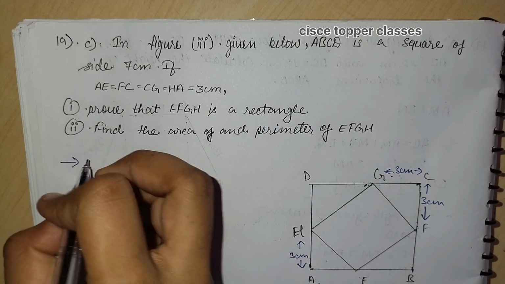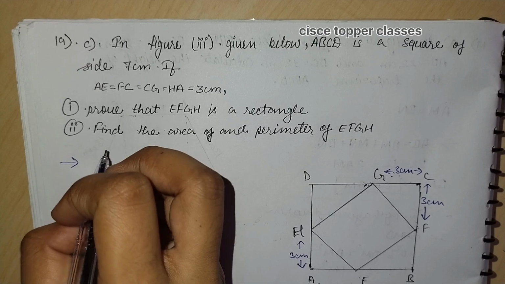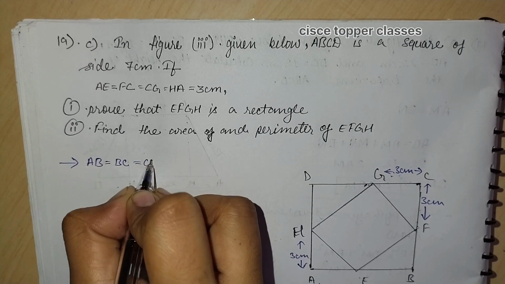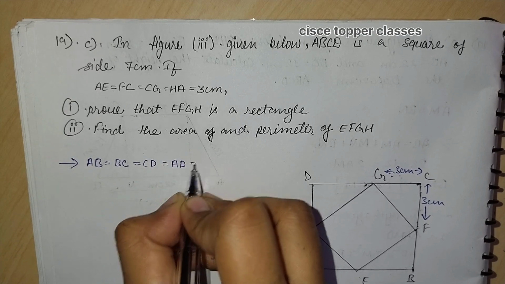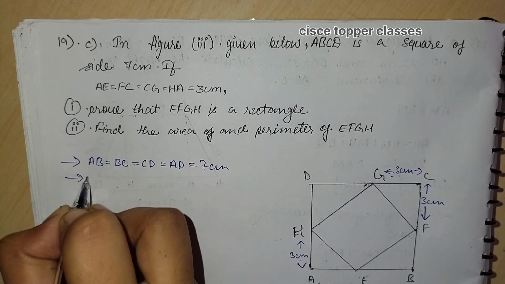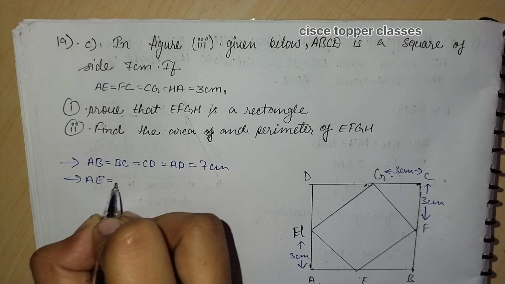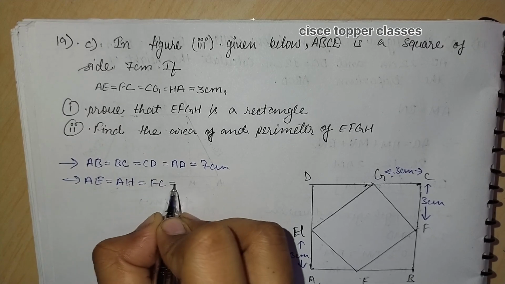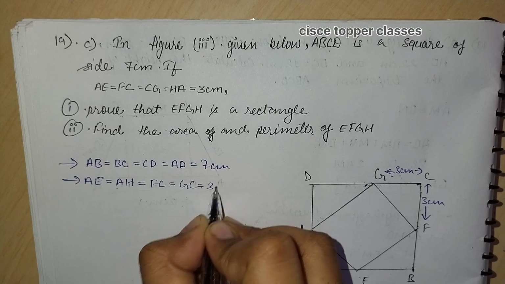Simply we can write here, firstly, the things given are AB equal to BC equal to CD equal to AD as 7 centimeters, and in the second part AE equal to AH equal to FC equal to GC equal to 3 centimeters.